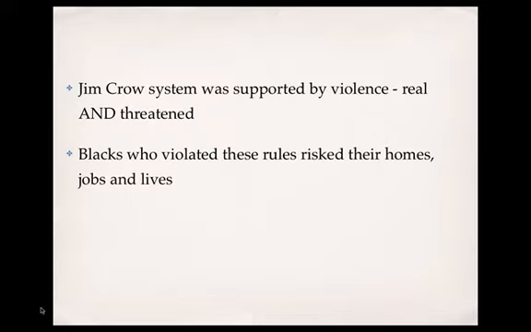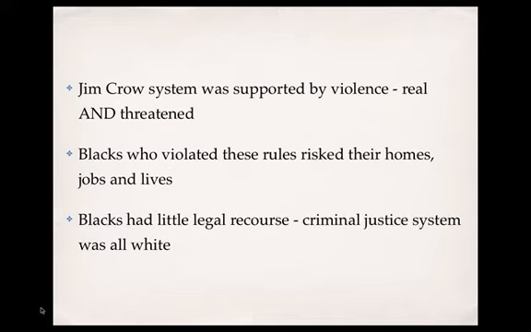If you didn't do that, there was the risk that people would come and torch your house and burn it down. And whether or not this happened on a regular basis, it was actually threatened. And so they didn't know if it was going to happen or not, because there were several instances where violence did occur as a result of violation of these black codes.